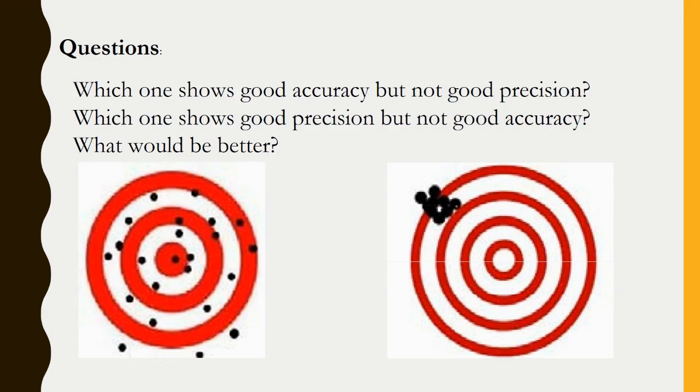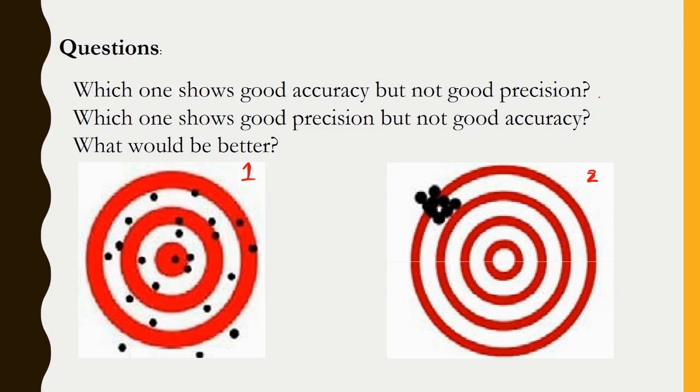And on the other one, the dots are grouped together, but not really close to that target. I'll give you a second to think about it. We'll number these pictures, picture number 1 and picture number 2.